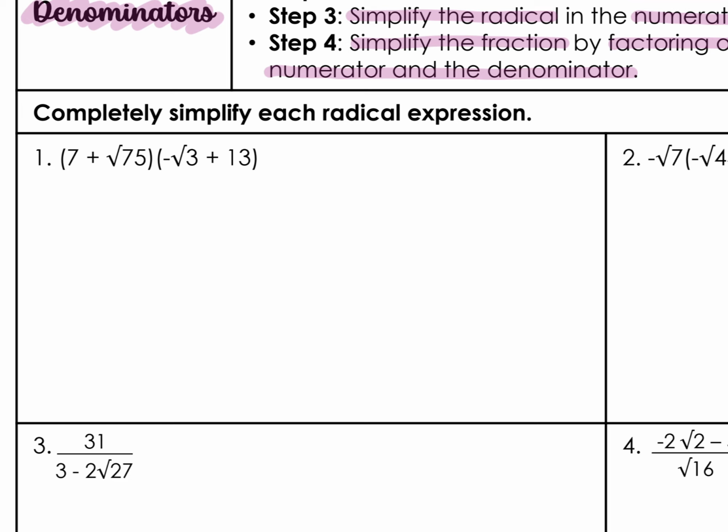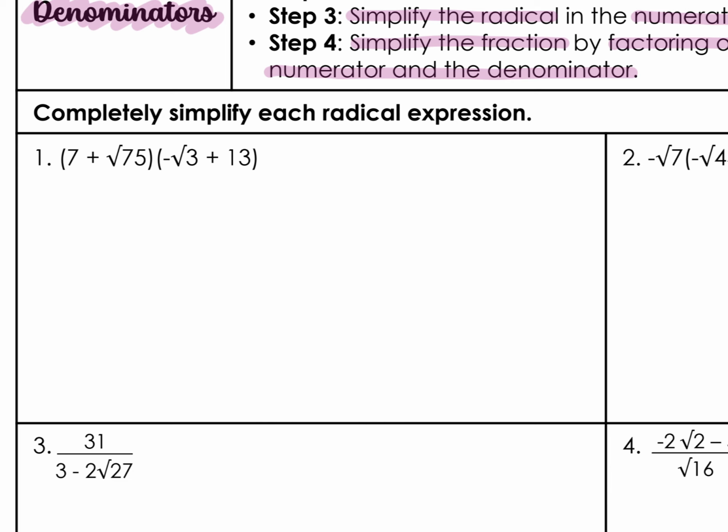So when we look at number 1 here, we have 7 plus the square root of 75 times negative root 3 plus 13. I'm going to start off by checking to see if any of the radicals can be simplified before I start multiplying. The square root of 75 can be simplified, so I'm going to start with that.